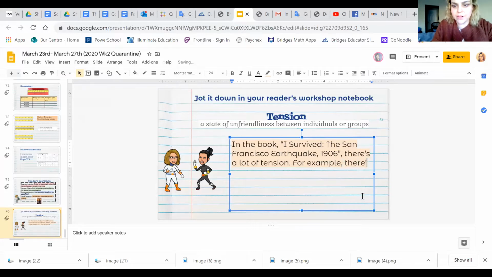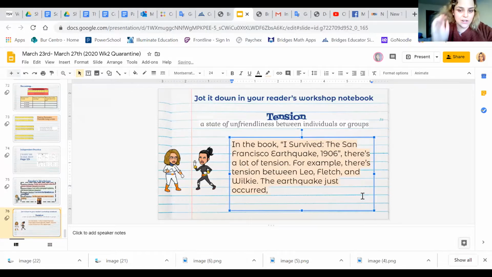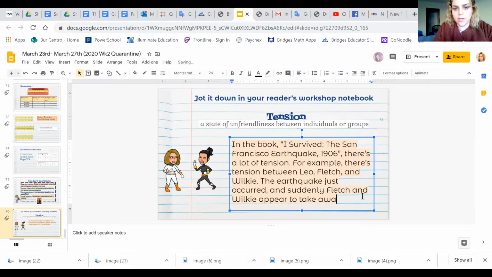For example, there's tension between Leo, Fletch, and Wilkie. The earthquake just occurred, and suddenly Fletch and Wilkie appeared to take away Leo's money.